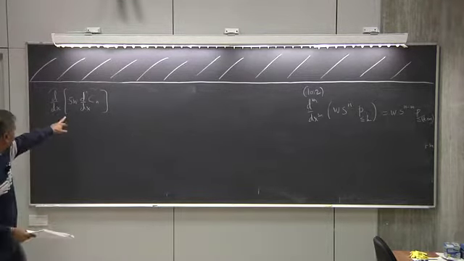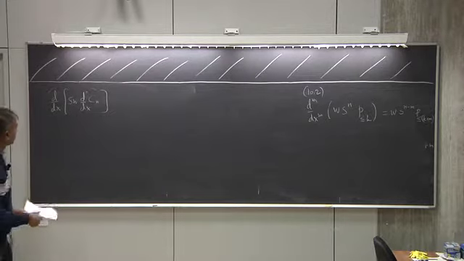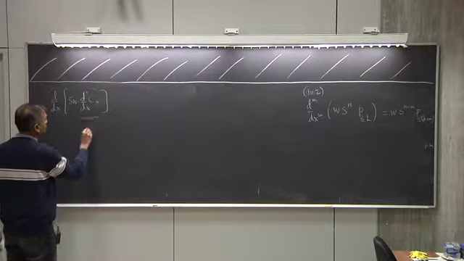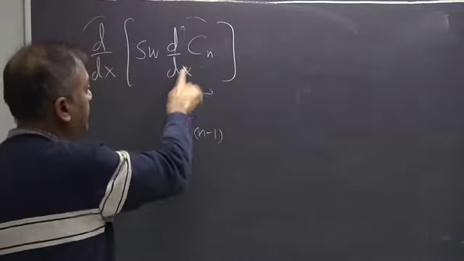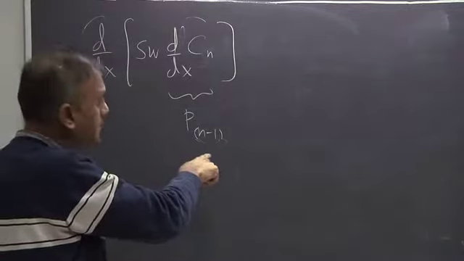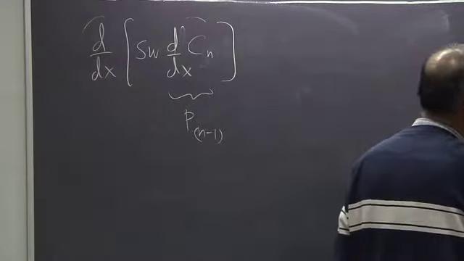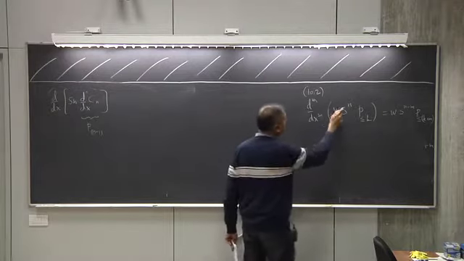So now just apply this here. What we have here is a polynomial of degree n minus 1, because Cn is degree n, so d by dx acting on that gives n minus 1. Now just apply this formula for m equal to n equal to 1.